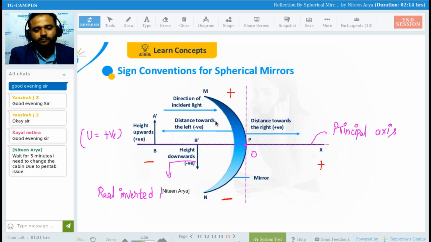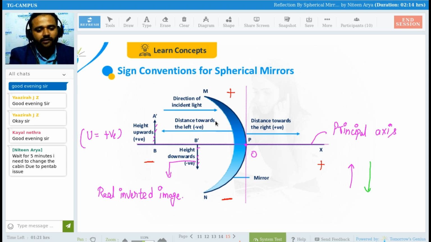Can anyone tell me? Upside down image. Exactly. Inverted means upside down. As you can see, there is an object and that is the image. So the object is in the upward direction, and your image is in the downward direction. So that is your inverted or upside down image. So that is height towards the negative side.